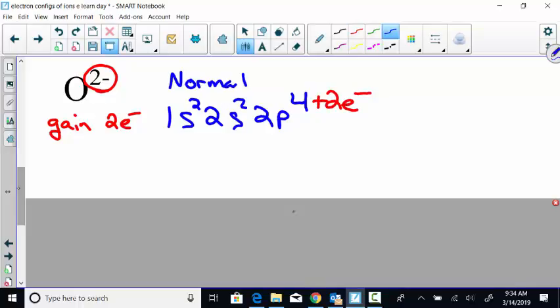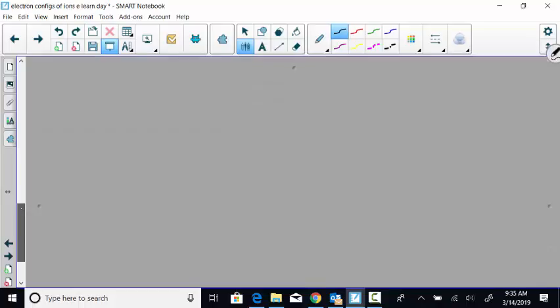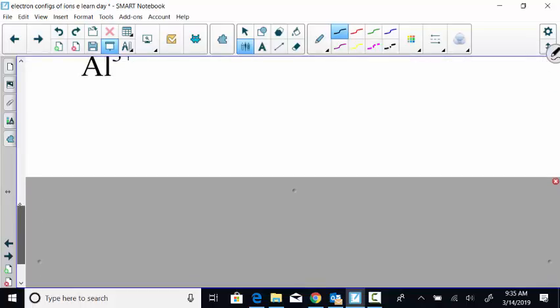Well, if it picks up those 2 electrons, then now it looks like 1s2, 2s2, 2p6. And again, now it looks like neon. So this is what's happening with elements. They're just trying to lose or gain electrons.